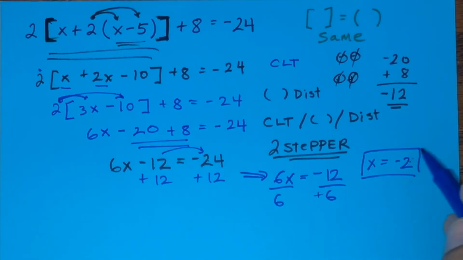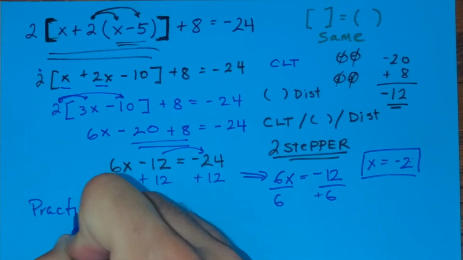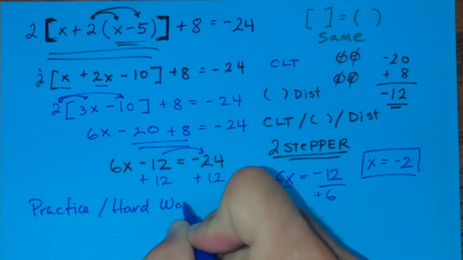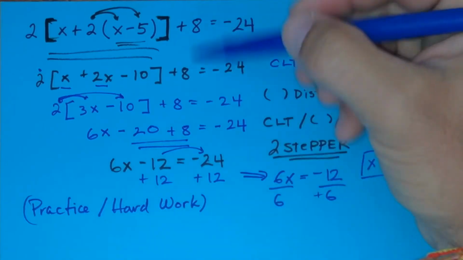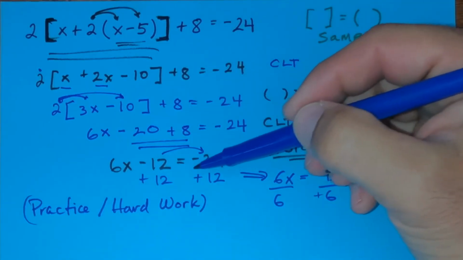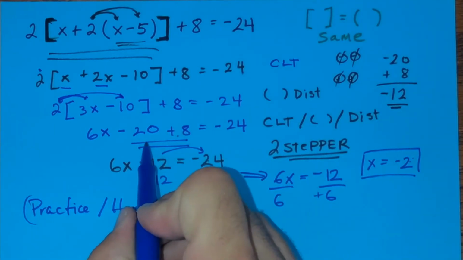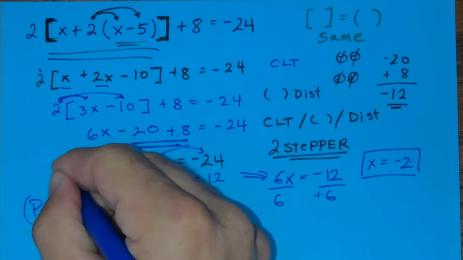Let's see, this is going to take practice, some hard work. Okay, so just keep trying, working with the numbers. If it doesn't work out for you, work back. A lot of times I look at students' work and I see the negative 20 plus 8 became a 28.